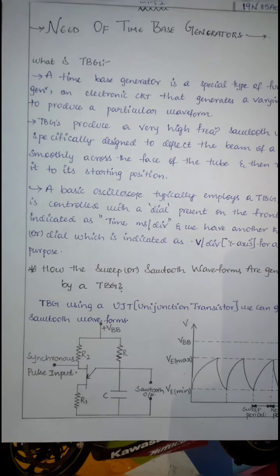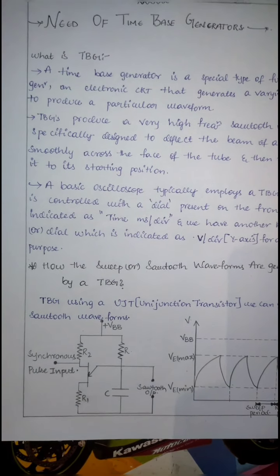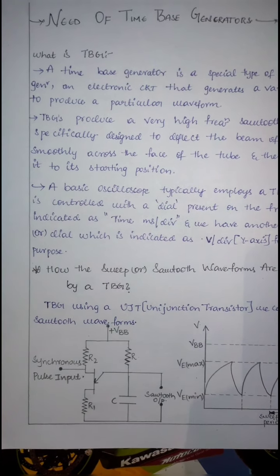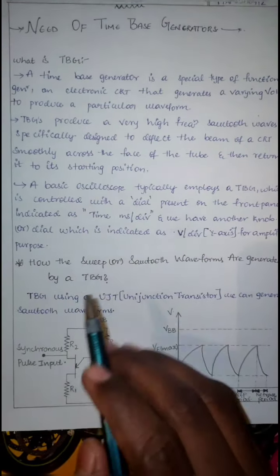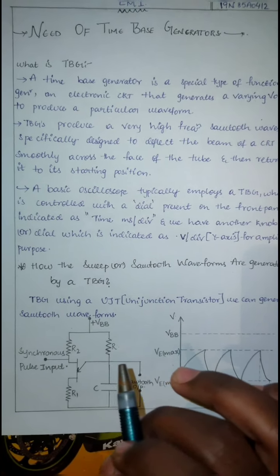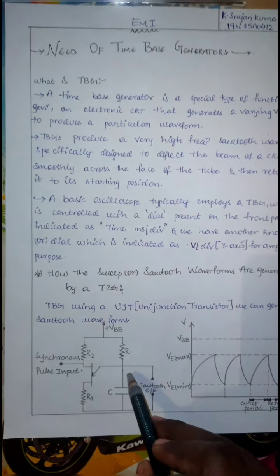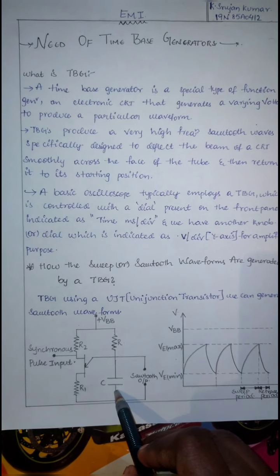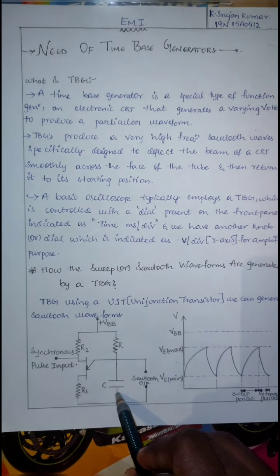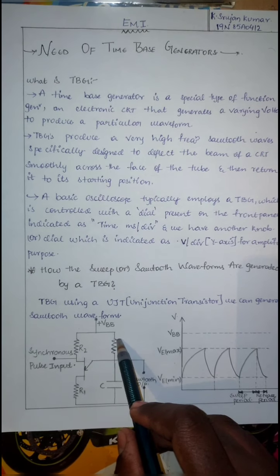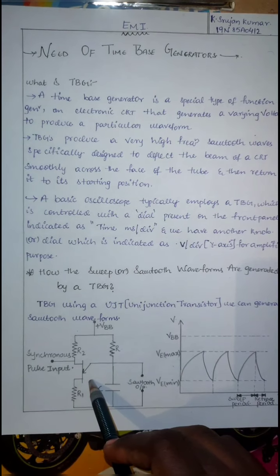Initially, when the power is switched on, the UJT is turned off. So the capacitor present at the output will be charged exponentially through resistor R, and the emitter voltage of the UJT also increases gradually.